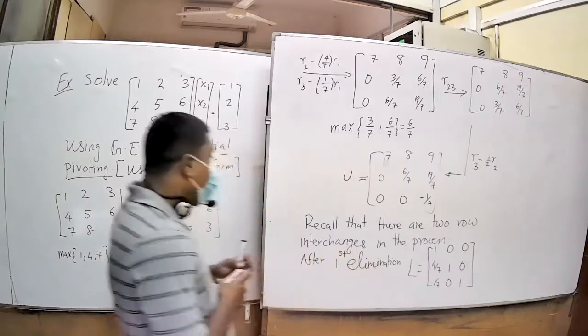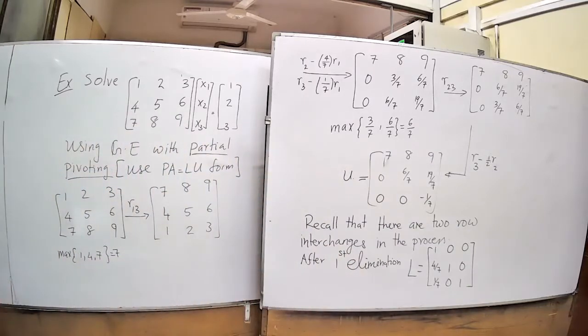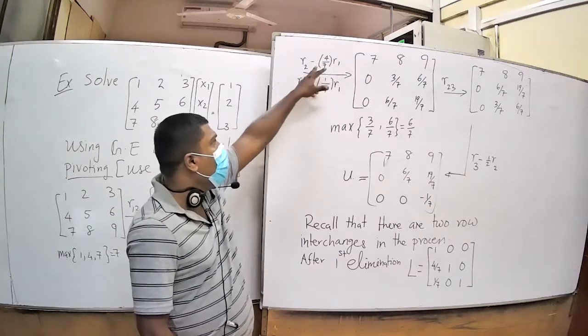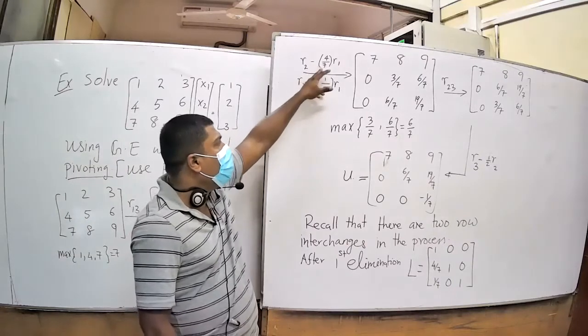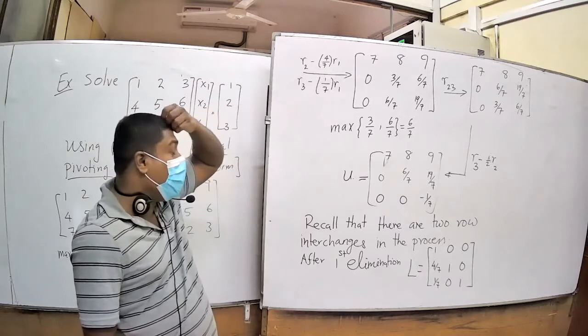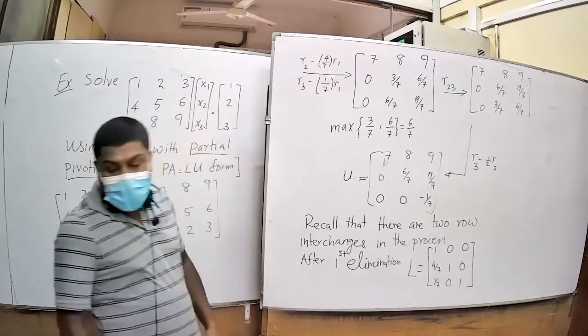Right, so this is where I made the mistake last time in the example, so I'm just explaining it again. After the first elimination, this is your L. This is the first component, the second component in the first column, and this is the third component.